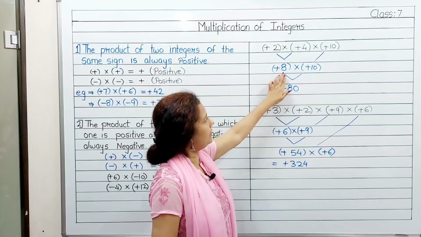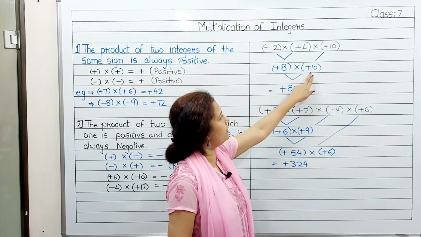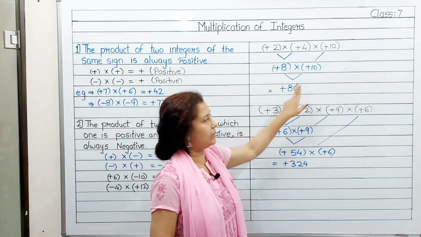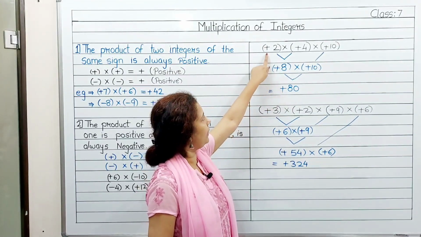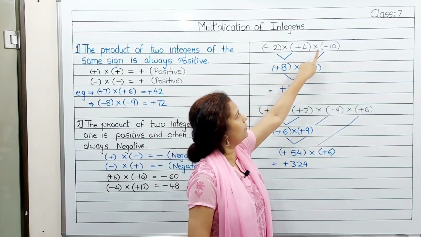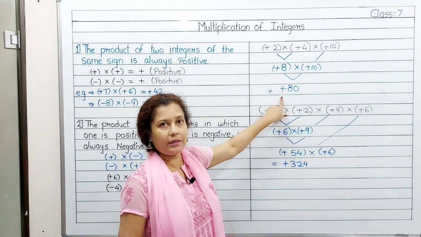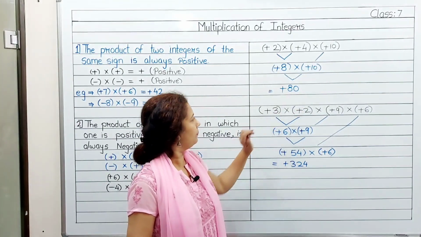Now plus 8 into plus 10. So 8 into 10 is 80. Both the integers are positive, so we will get the answer positive. So when we multiply plus 2 into plus 4 into plus 10, we get the answer positive, that is plus 80, a positive integer.